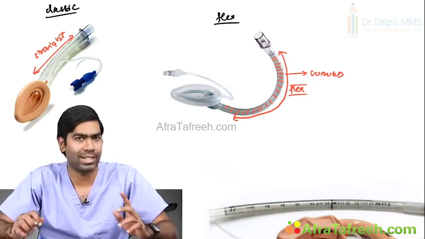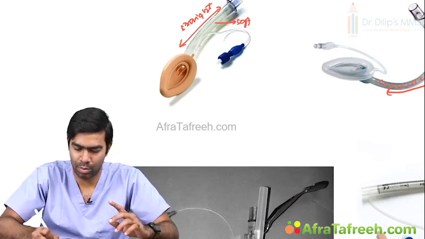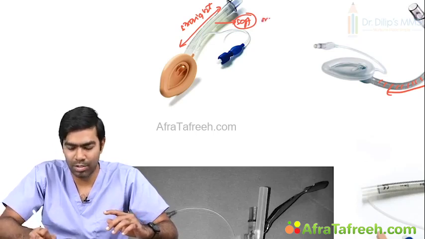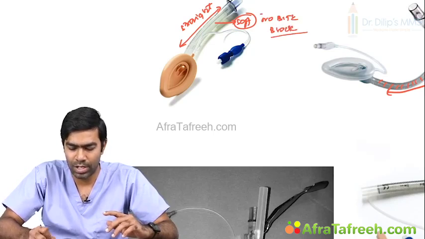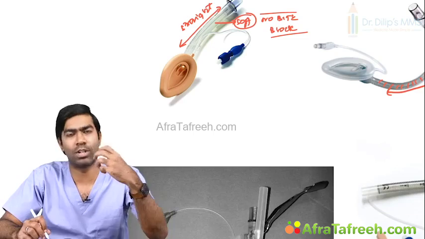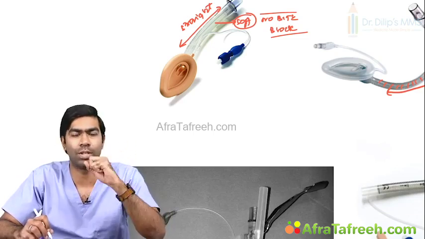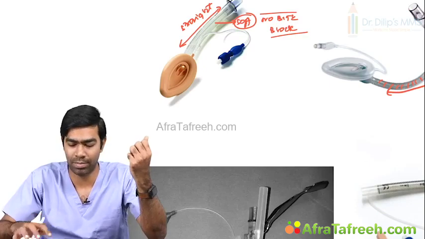The second problem the classic LMA faced is that its body is relatively soft. It is not rigid, and there is no bite block. Remember, even in the flexible there is no bite block, I will tell you that. It's very soft, so if the patient bites, because this is an oropharyngeal device that goes near the perilaryngeal area through the mouth, it can get kinked and airflow obstruction might happen.